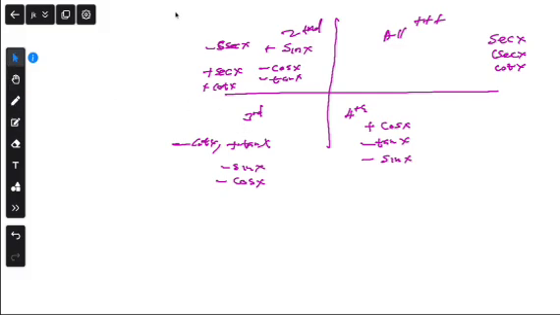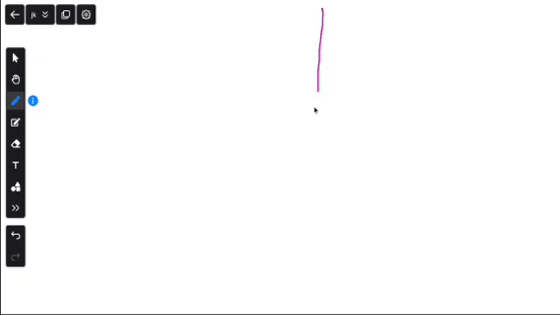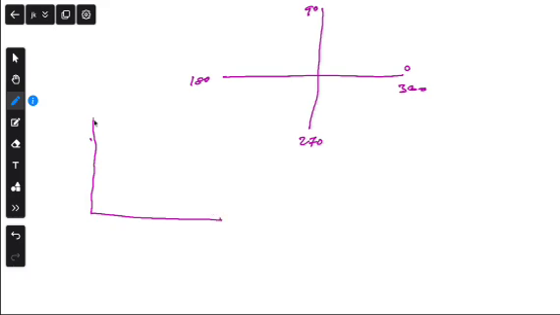Now, apart from this one here, there are angles that you need to know. This is 0 degrees, this is 90, this is 180, this is 270, and this is 360. Apart from that one, you need also to know special triangles. These special triangles are very, very important to know. So let's say this is 30 and this is 60.